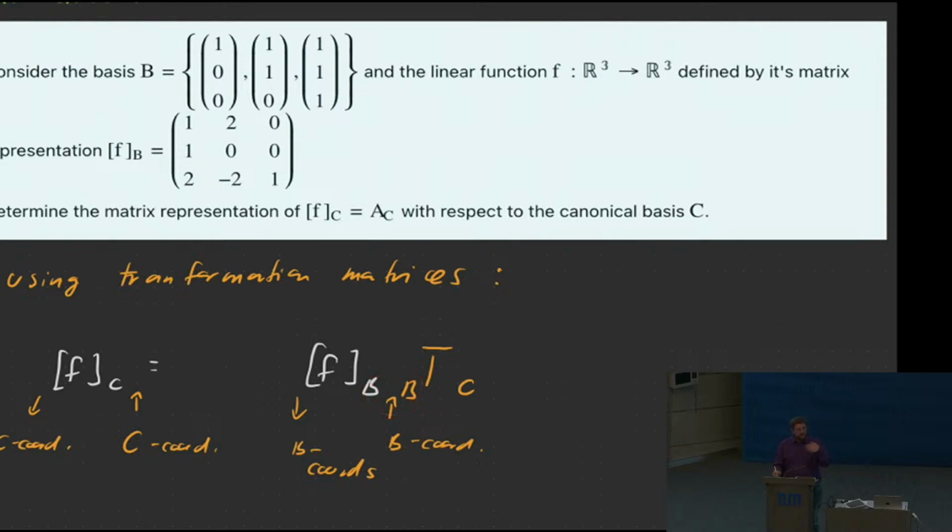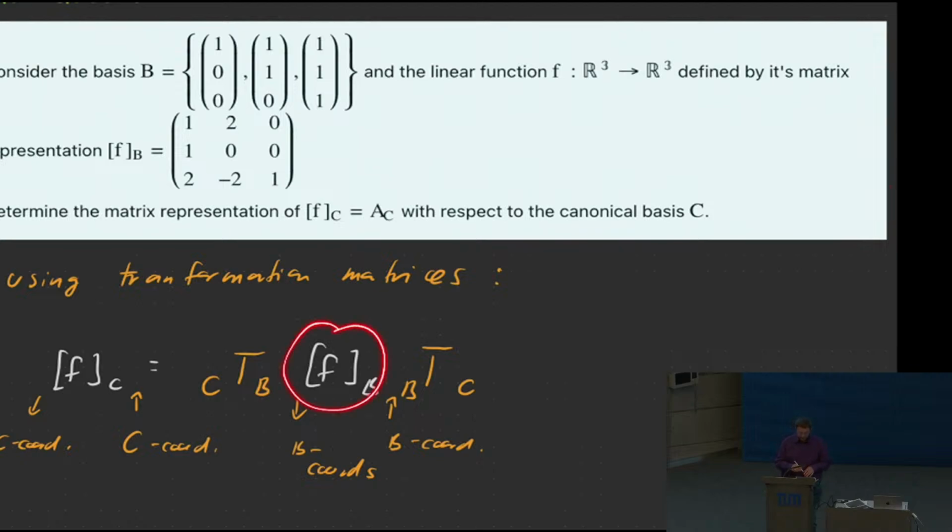Afterwards we get a result in B and we need to transform that back to C. So again, B output here, B input in this transformation, and then we get C, and that's what we want. So this chain on the right does the same thing as this matrix on the left.